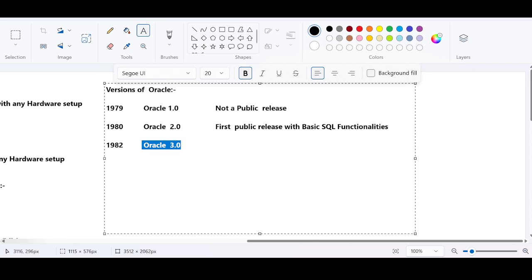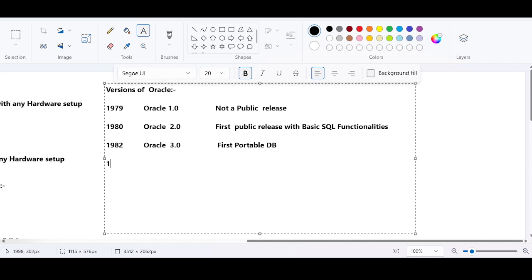I am talking about the concept of portability. The portability concept was introduced in 1982 with Oracle 3.0. So 3.0 is very much portable, meaning doing migrations or transferring from one system to another. The first portable database.